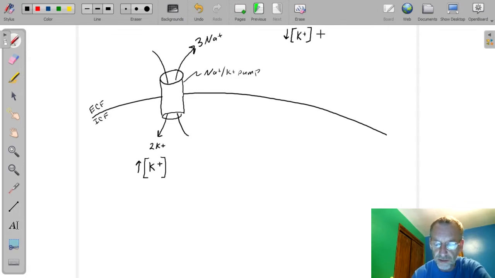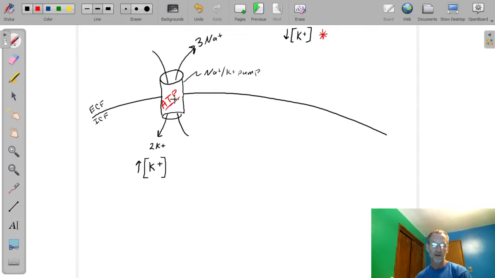And that's what we're going to be talking about with hypo and hyperkalemia, this potassium level outside, not what's inside the cell. So to get back to this pump, you know that it hydrolyzes ATP. Lots of different ways you can denote that. I'm just going to write ATP on the pump.